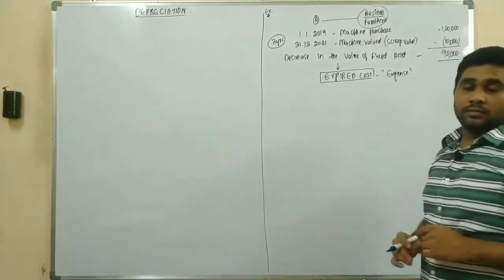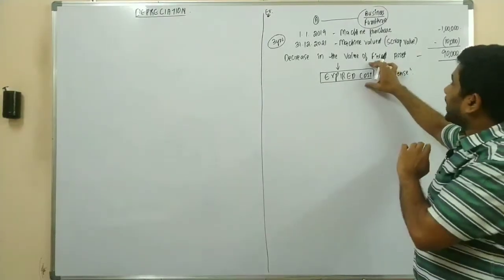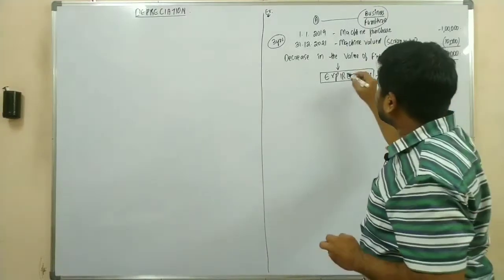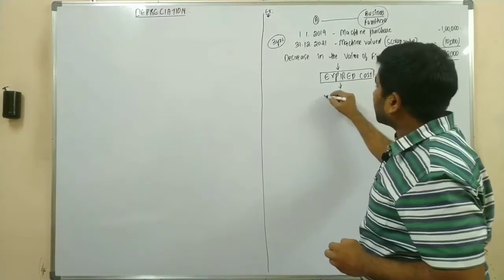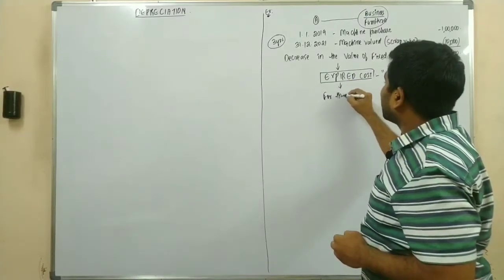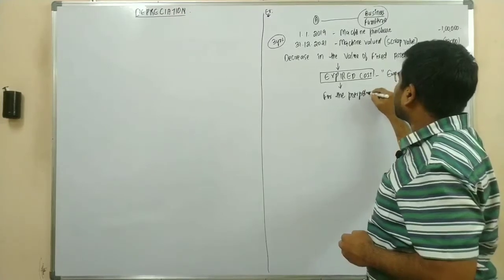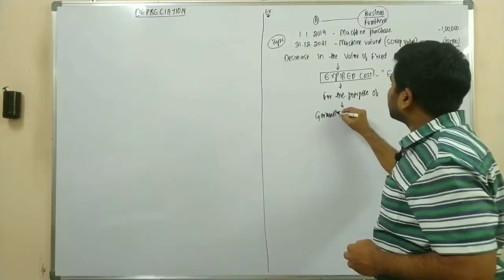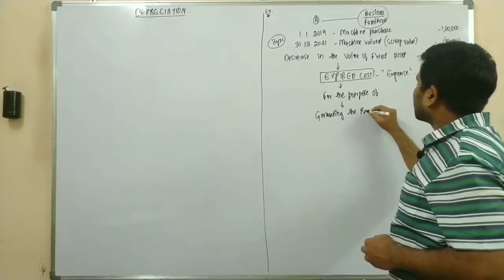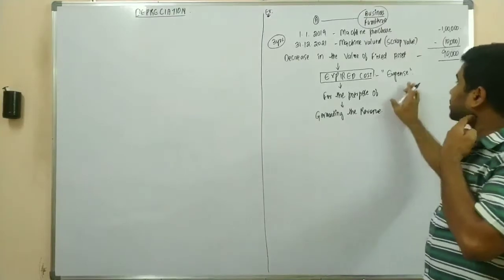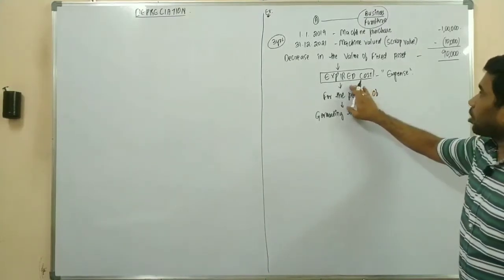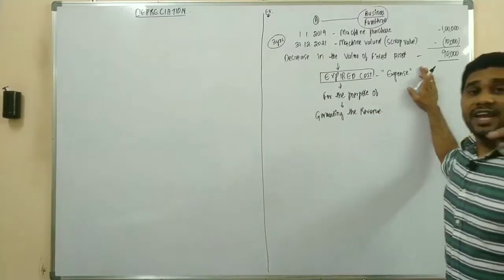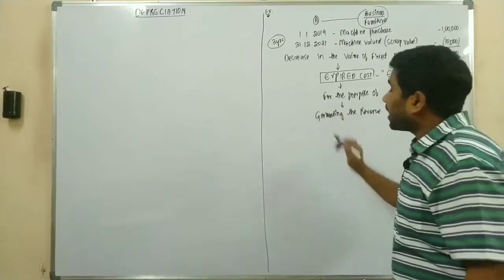The decrease in the value of the fixed asset is termed as an expired cost, which is nothing but your expense. This expense or expired cost was incurred for the purpose of generating the revenue.